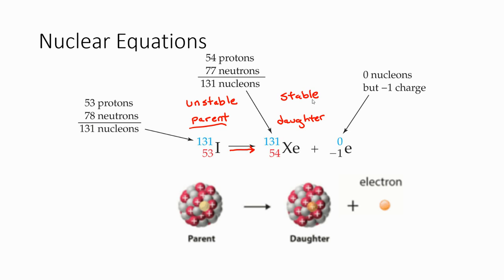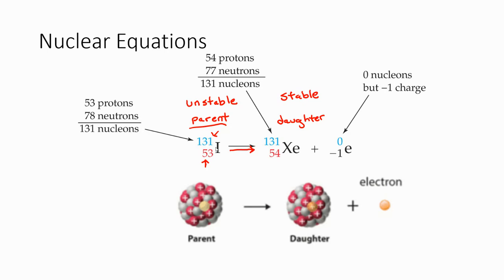So if I look at the parent isotope in this particular case, I have iodine. It has a total of what we call 131 nucleons, 53 protons. We can tell that by looking at the atomic number. And it has 78 neutrons, which we can get from finding the difference between the mass number and the atomic number.